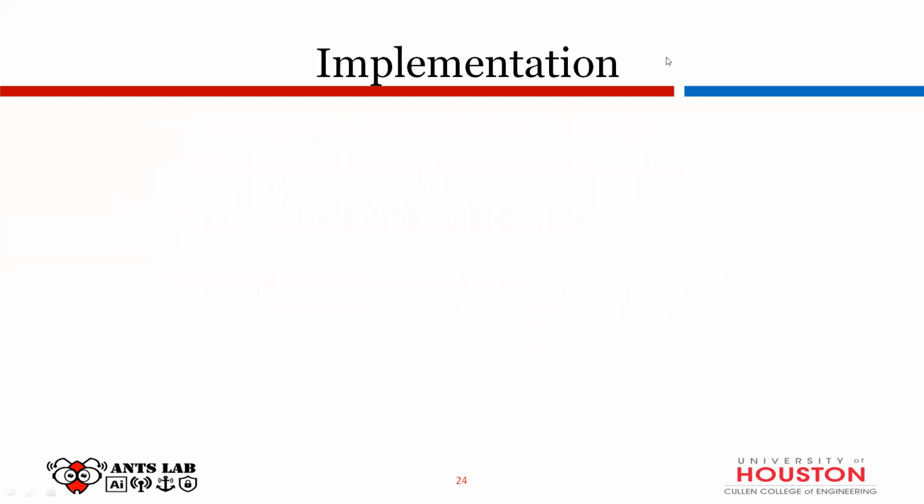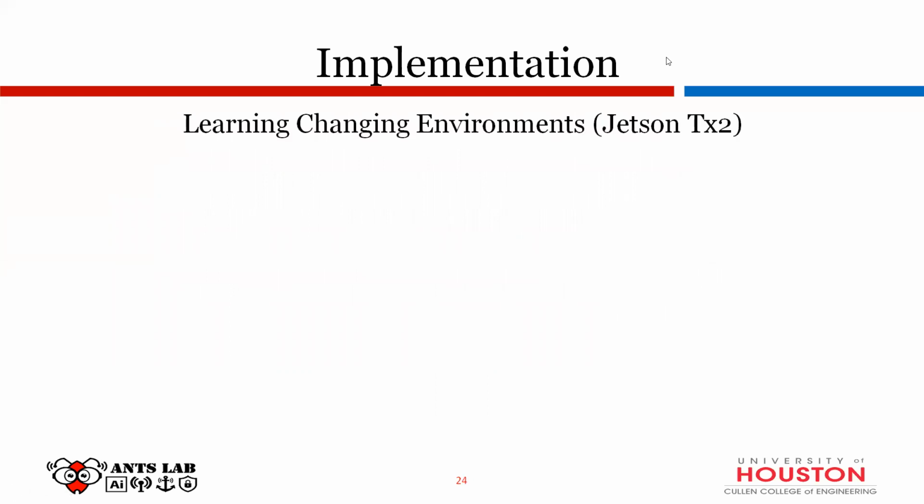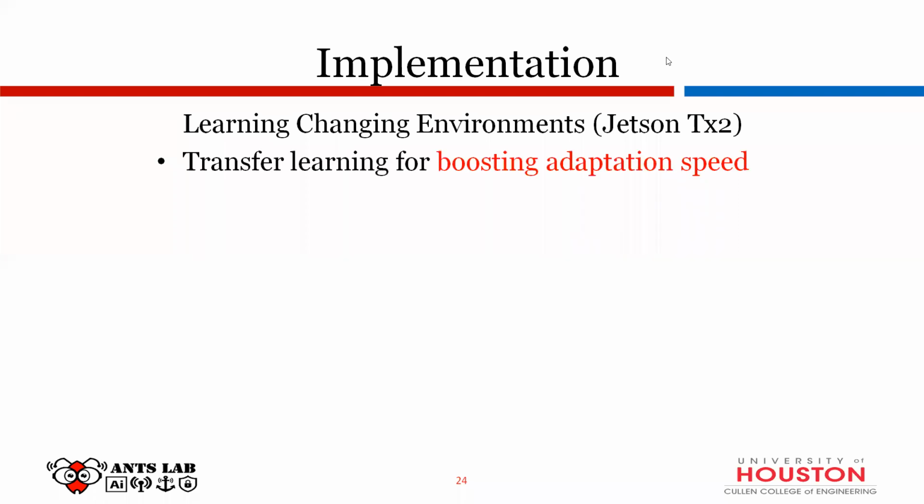The next implementation is the changing environments. This one they provide with Jetson TX2, which first does transfer learning to boost the adaptation speed, because it takes a lot of time to train from zero to fully trained.